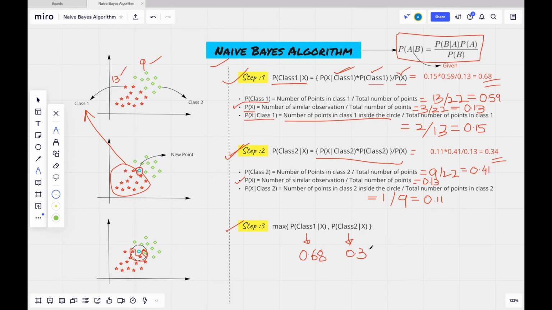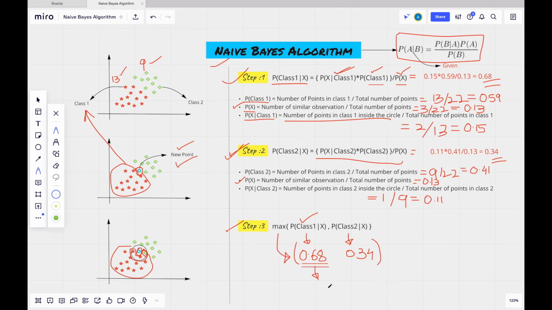Now I've taken approximate values, but if you sum them up it will give you 1. Probability always lies between 0 and 1, right? So now we have to find the maximum of the two. As we can see, this is giving the maximum probability, so this new point belongs to class 1.